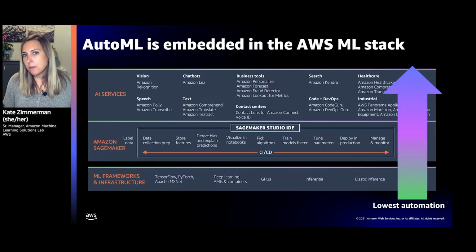Now we do have a couple exceptions to those. So we do have things like custom labels that are supported in Rekognition as well as Comprehend. And with custom labels, you can do some amount of customization on top of the existing models. So again, might not be automating the data acquisition piece, but we're automating the rest of our little flywheel. And then we also have services like Forecast, where it's actually using your data to train the machine learning models.